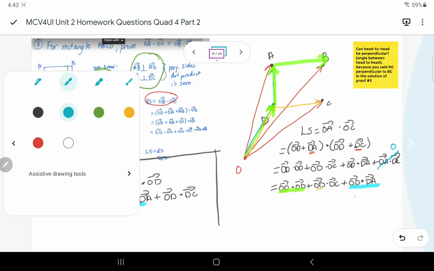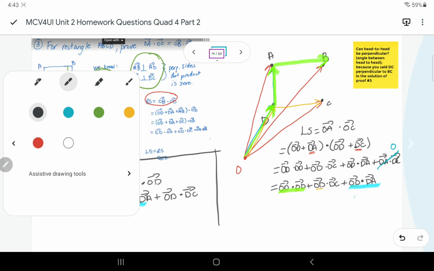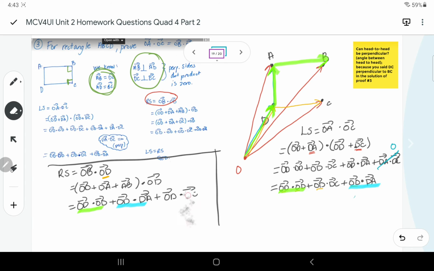Oops, sorry, this should have been AB. Sorry, I was looking somewhere else, because that's the path I followed in the green there. So this would be AB. Sorry about that. So now these two look really similar.